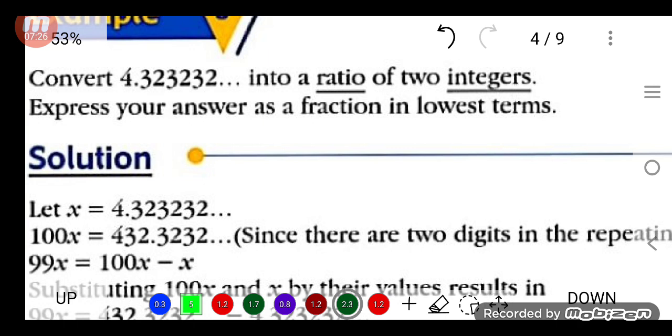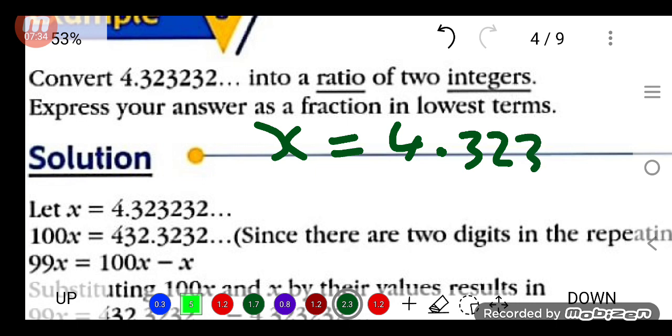Let's write x equals 4.32, 32, 32, and so on. Because 2 digits are repeated, we multiply both sides of the equation by 100.